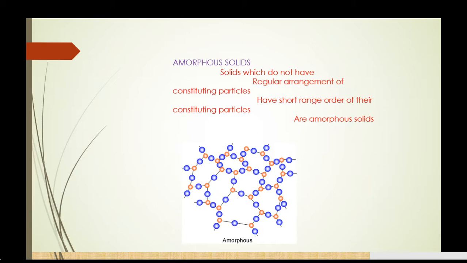Due to short range order of arrangement, amorphous solids are isotropic in nature. They are pseudo-solids or supercooled liquids due to the short range order of arrangement of their constituting particles.